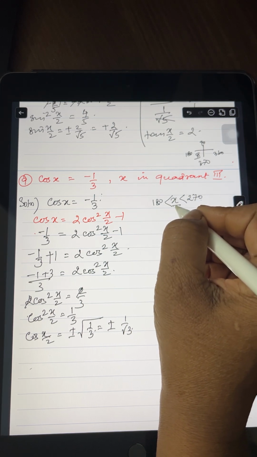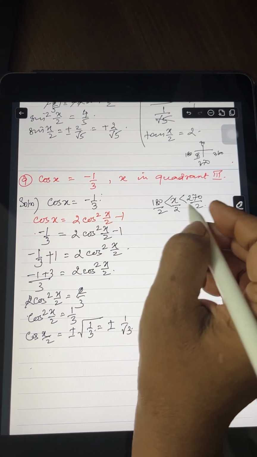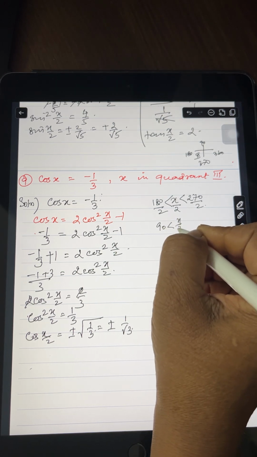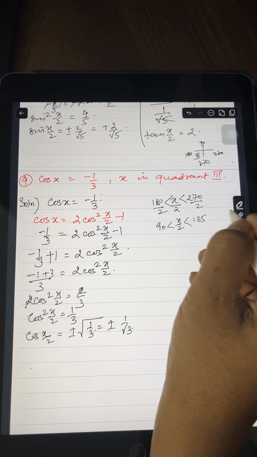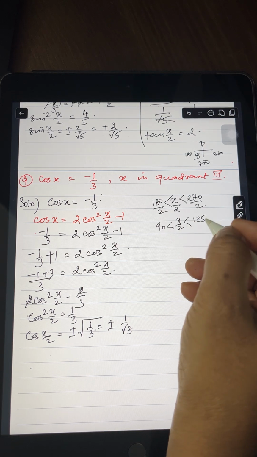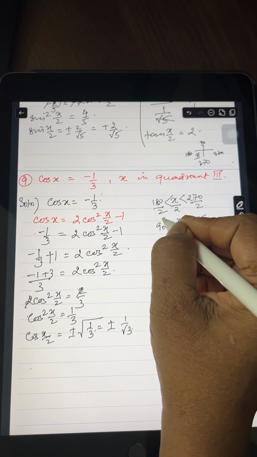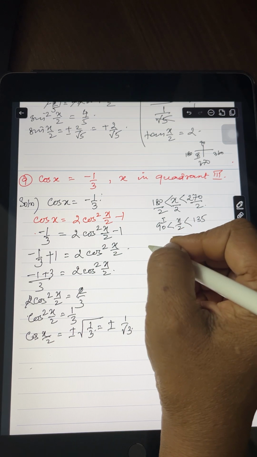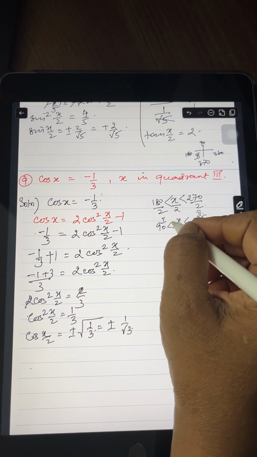So you can divide by 2 throughout. You get 90 is less than x by 2 is less than 135. So 135 is in which quadrant? First quadrant is up to 90, so this is inside the second quadrant.